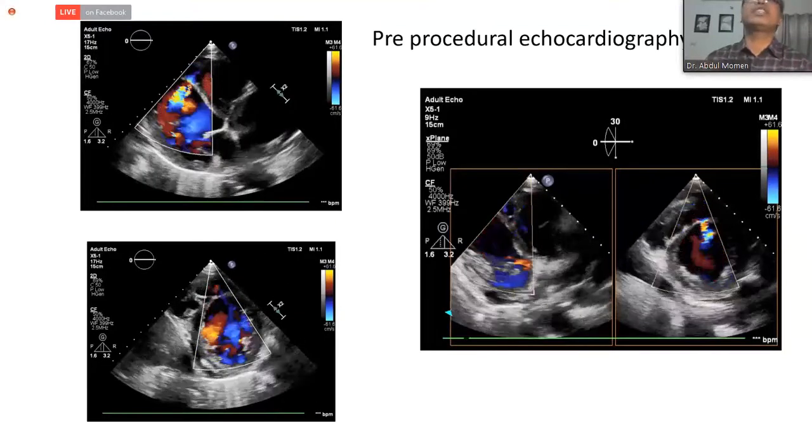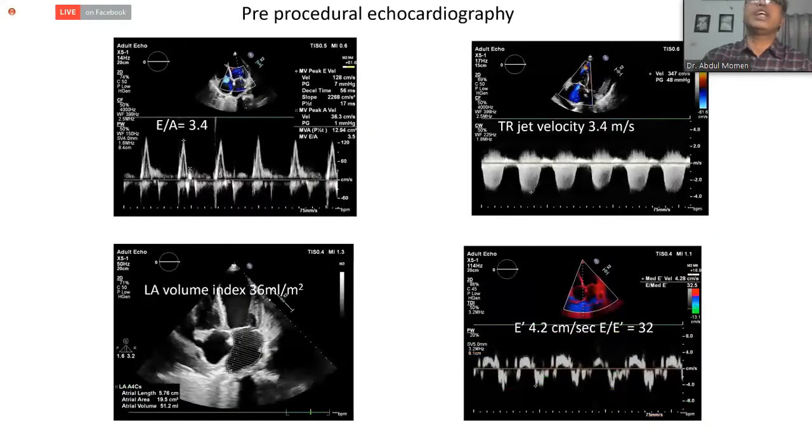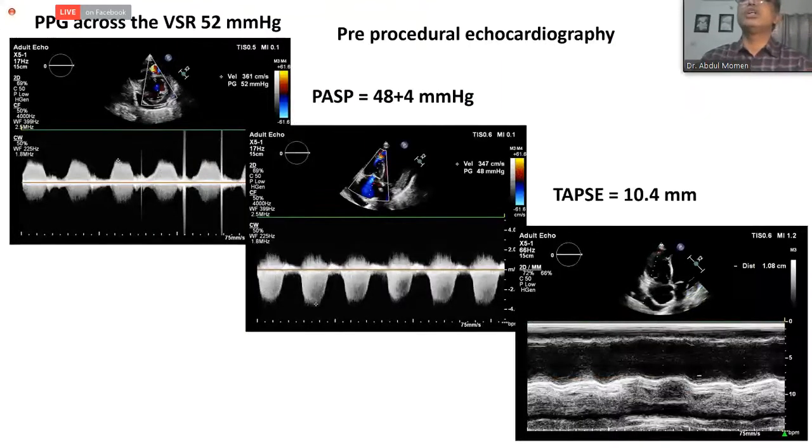The measurement of the VSR is 10 to 11 millimeter, and there are features of raised LV-EDP with LV diastolic dysfunction. The PPG across the VSR was 52, the PASP measured was 52, and there is severe RV dysfunction, and the TAPSE was 10.